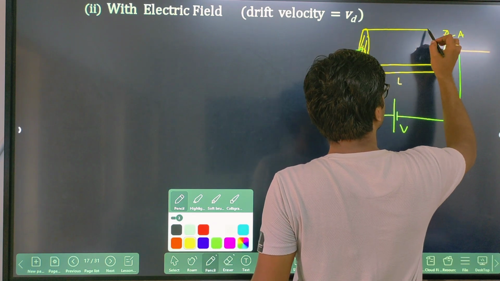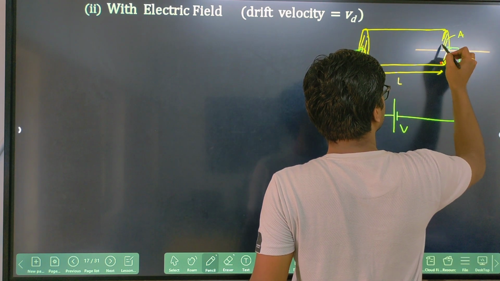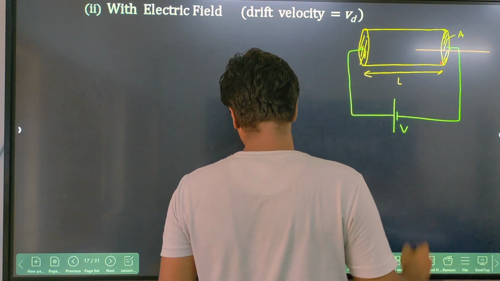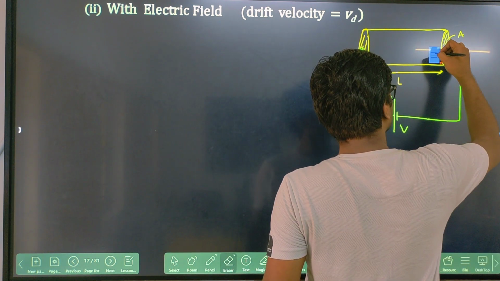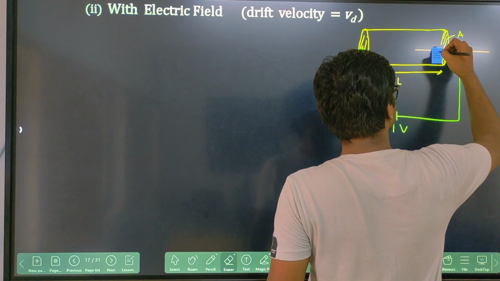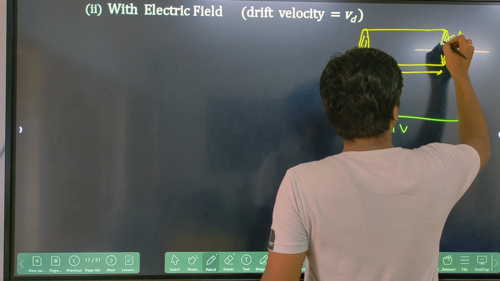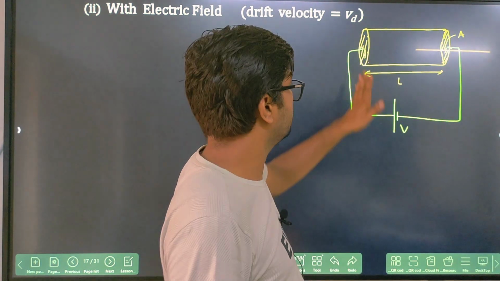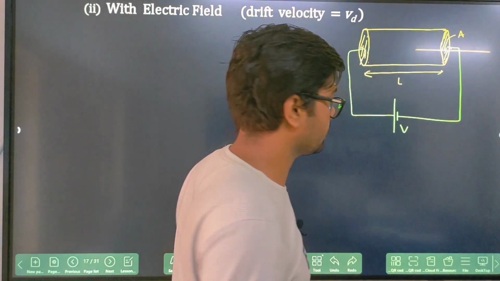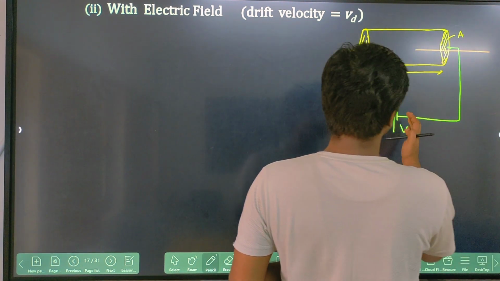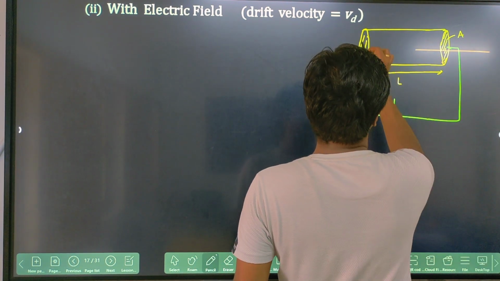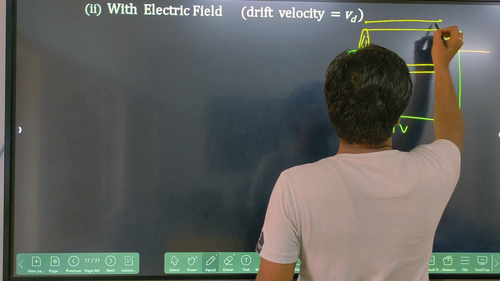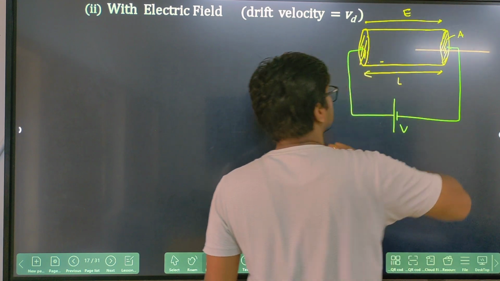In the very first lecture we talked about this, right: the electric field inside the conductor is not zero, because there will be no accumulation of the charges. Here there is no accumulation of the charges. Clear? So the potential is like this. This is the higher potential, this is the lower potential. You can say that the direction of the electric field will be along this direction.